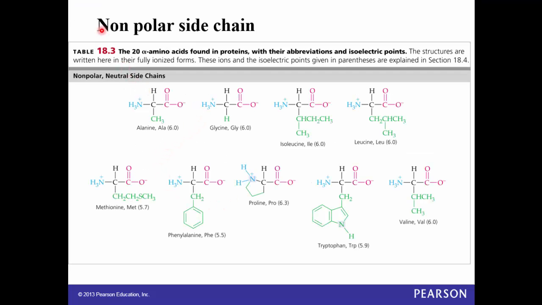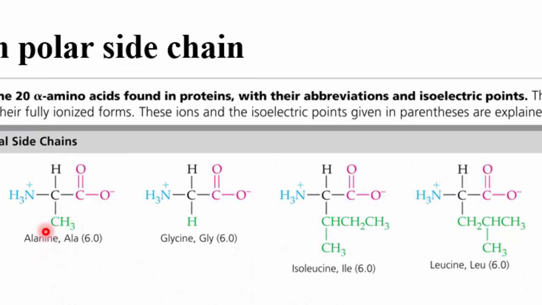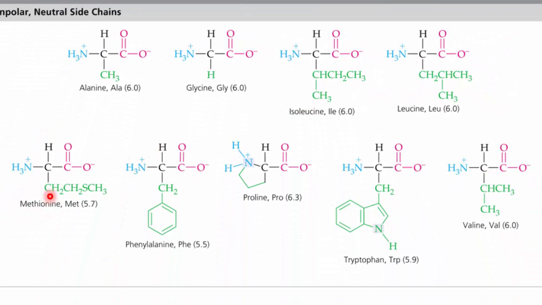So we start with the non-polar side chain amino acids. Here we have non-polar neutral side chains like alanine, the R group is CH3; glycine, the R group is H; isoleucine, this is the R group; leucine, this is the R group; methionine, the R group contains sulfur; phenylalanine, the R group contains an aromatic ring.